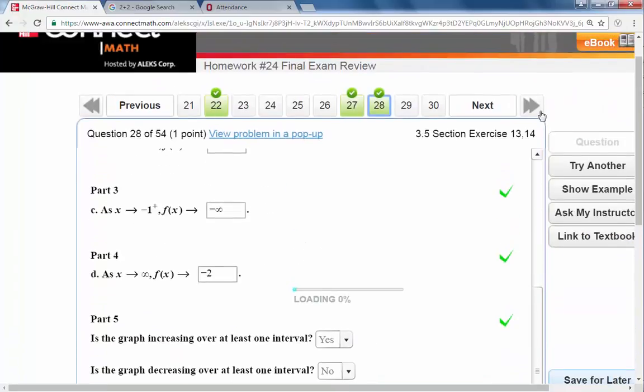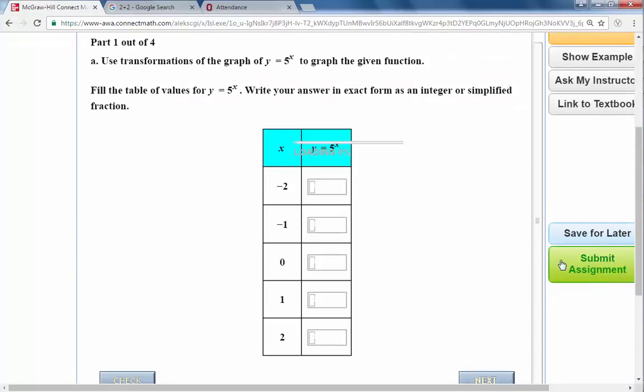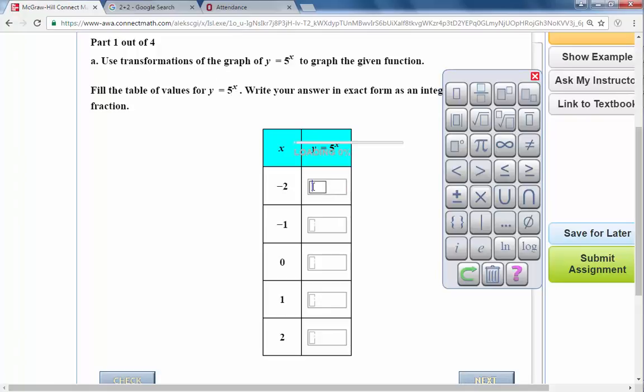So 34. Oh, they want us to graph this one. They want us to fill out this table and graph it. I just did it quickly by entering values such as this is going to be 1/25. How do I know it's 1/25?